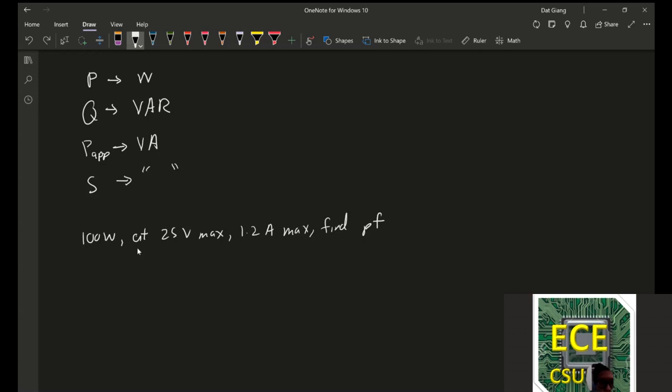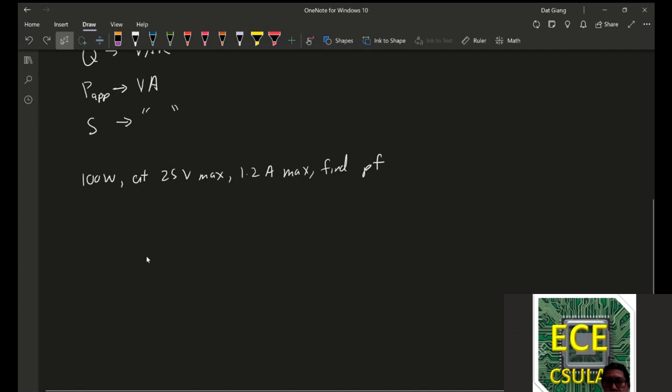So we have to specify the quantity, unless it's specified that it's complex power, in which case this would refer to the magnitude. But let's not assume that. Because it says watts, we're talking about average power.